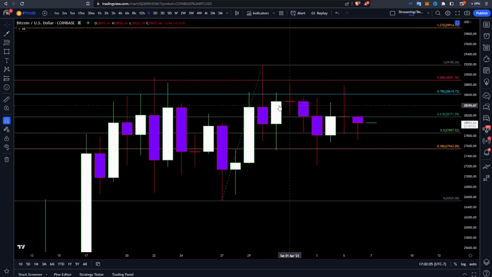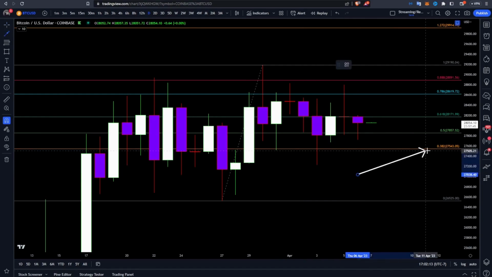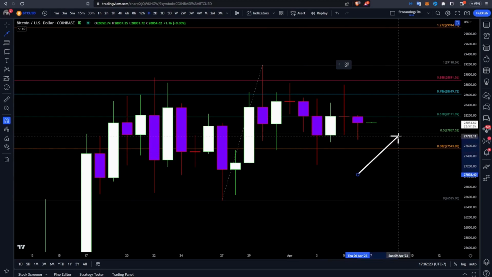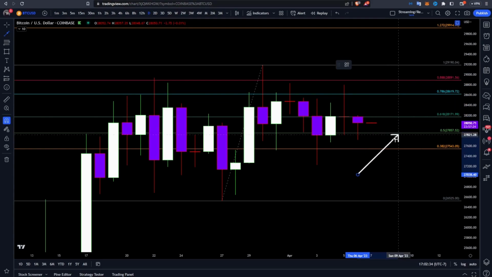And we have seen that Bitcoin's trying to stay above that area. But below this 382 on a daily close, that would give us the bias that we're going to go test the lows again around 26.5. Now, that means, of course, staying above the 50% here on closes gives us the bias that we will be testing the upper half of the range, possibly even up to the wick highs at just under 29,200 there.